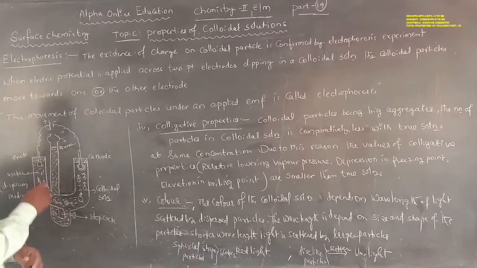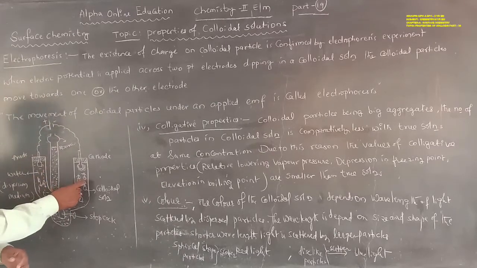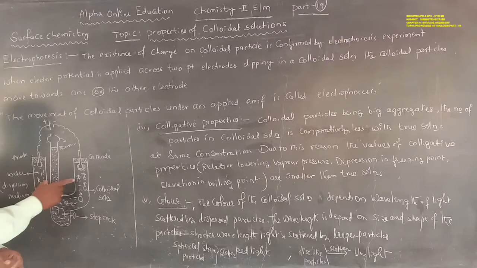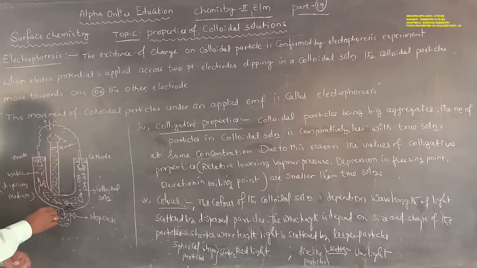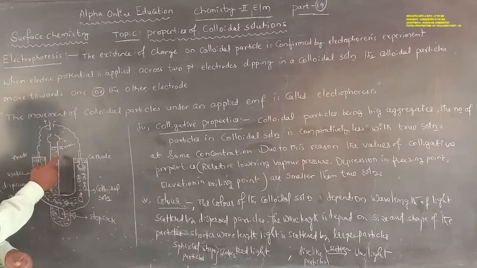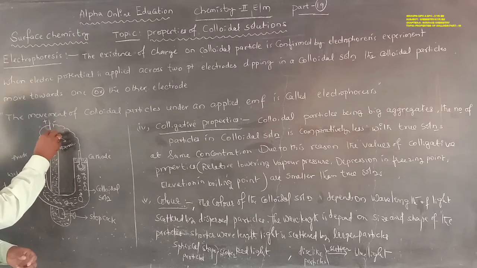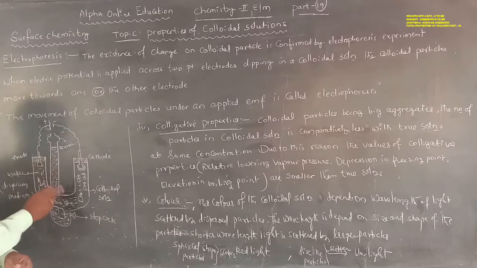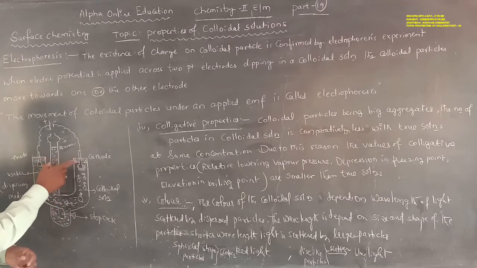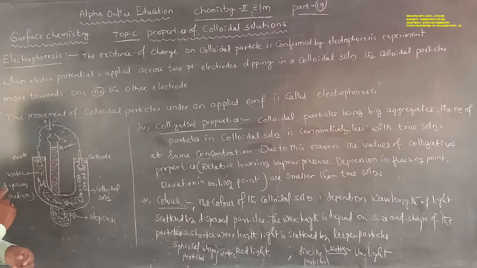Then let's see what happens. This is the colloidal solution, taken in a U tube. It is a U-shaped tube which is connected with a reservoir. Through the reservoir we can fill the colloidal solution. This is the stopcock. This U-shaped tube consists of two platinum electrodes.